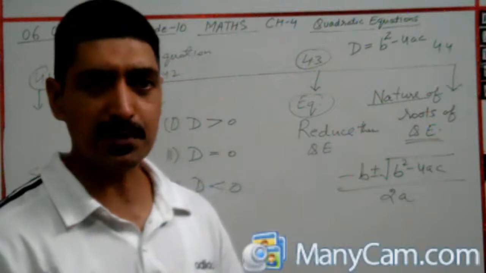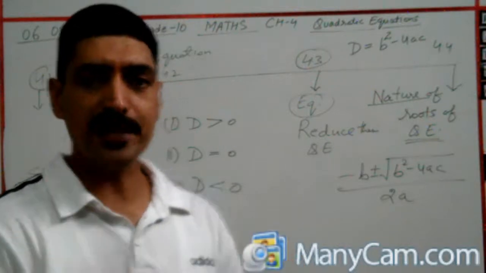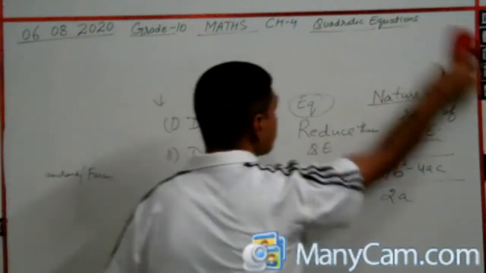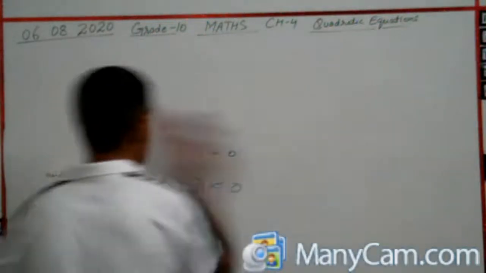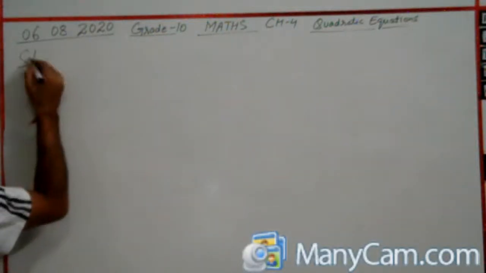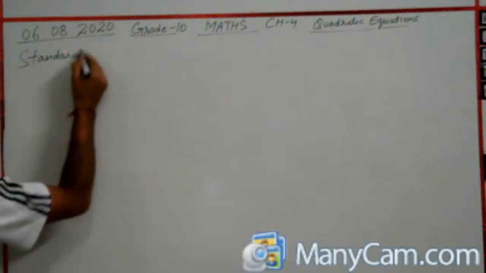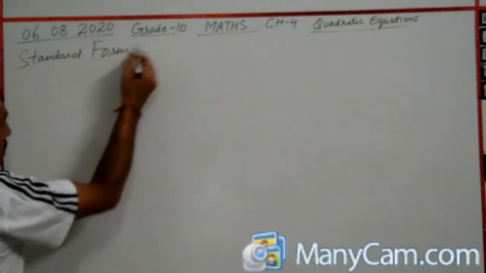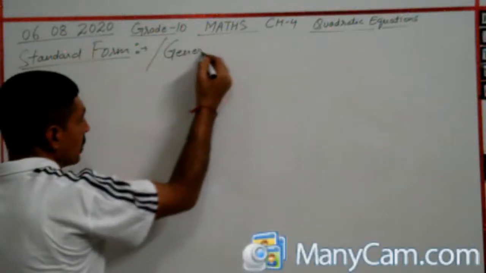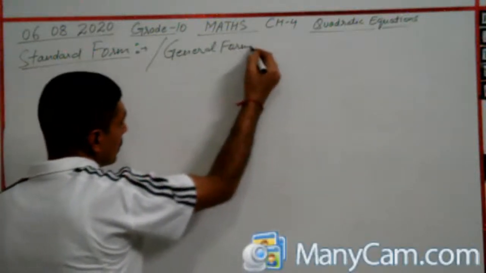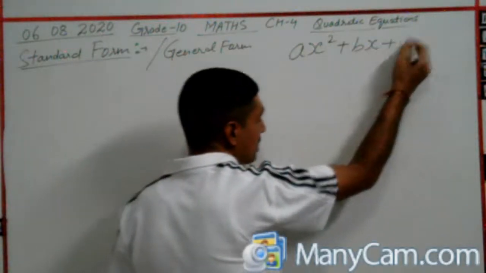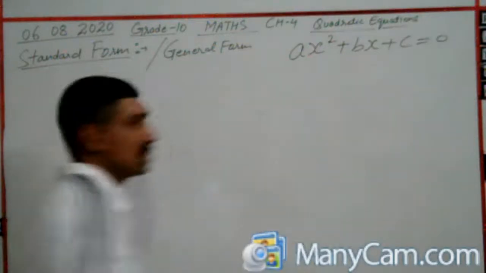In the introduction, we have studied the standard form of the quadratic equations, the standard form or general form, that is ax square plus bx plus c is equal to 0.